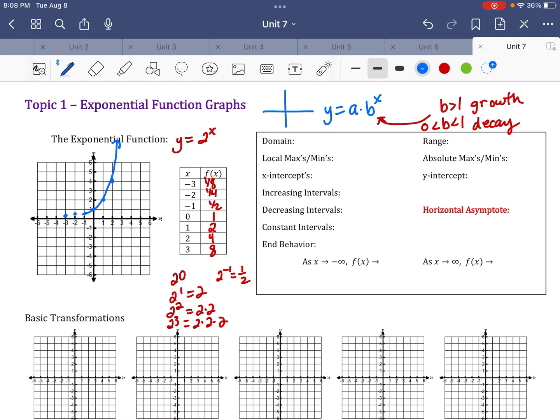These over here on the right keep rising. And on the left, it comes down super small, but never 0 and never negative. So you have a horizontal asymptote, because no number placed here would make you have a negative answer, nor would it ever make it 0. So you have a horizontal asymptote of y equals 0.